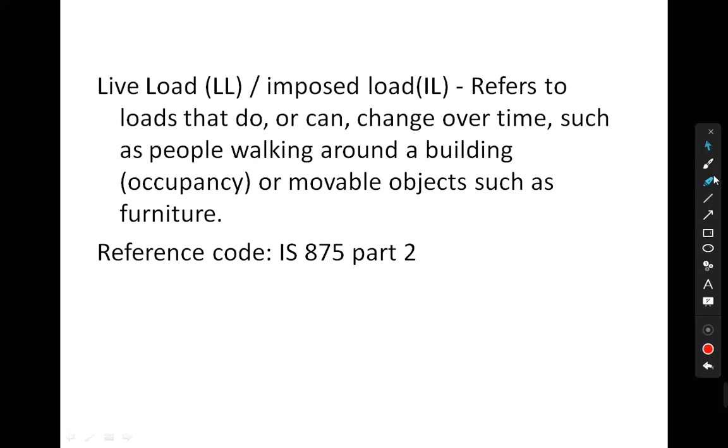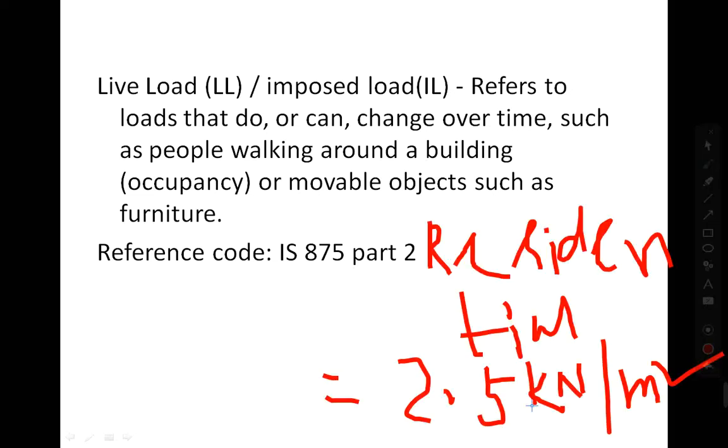This live load per unit area acts on the floor, on the slab, and then this live load is transferred to the beam. Using that code we calculate live load.